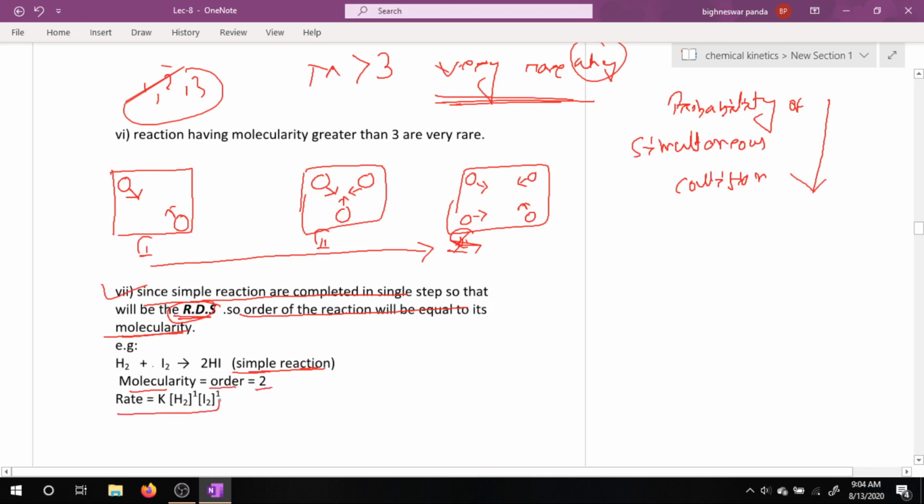So this is the rate law equation: rate is equal to K into [H2] to the power 1 into [I2] to the power 1. Another example: 2A plus B gives rise to product. If this is a simple reaction, then molecularity is equal to order equal to 3, and rate is equal to [A] to the power 2 multiplied by [B] to the power 1.